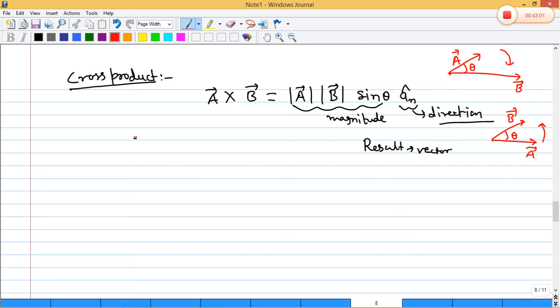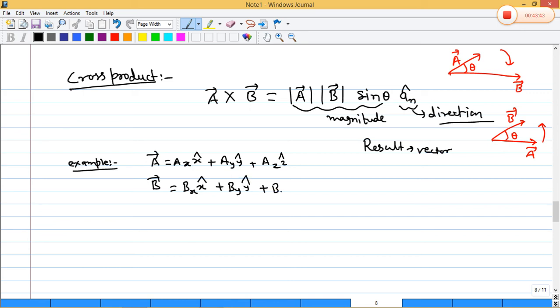Now one thing we have to know. Similar to the examples we have taken, A vector is Ax along x, Ay along y, Az along z, and B vector is Bx along x, By along y, and Bz along z.